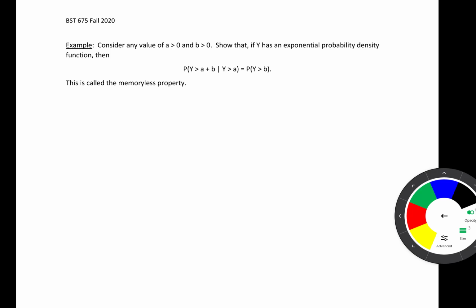And what we're going to show is that if y has an exponential probability distribution function, then the probability that y is greater than a plus b, given that we already know that y surpassed a, is just equal to the probability of being greater than b. And this is what we call the memoryless property.